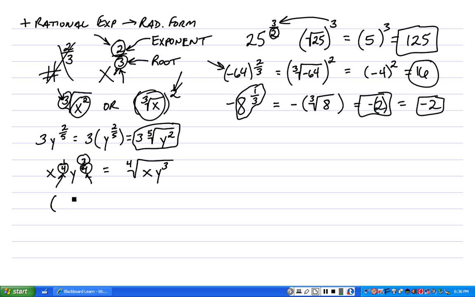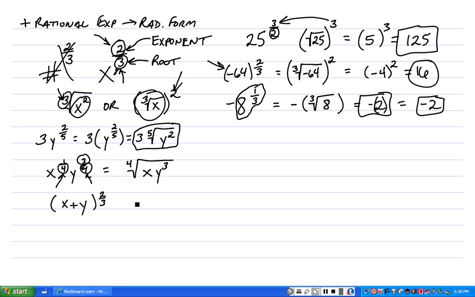There's another one. (x plus y) to the 2/3. Now we have parentheses. So these parentheses are telling us that we're taking this whole thing, squaring it, and taking the cube root of it.